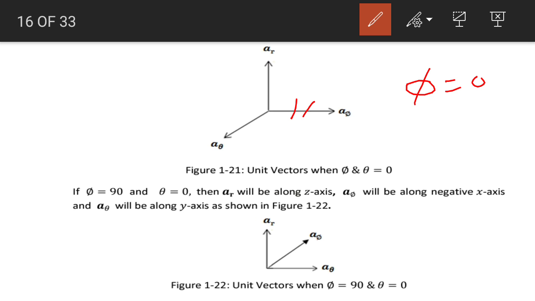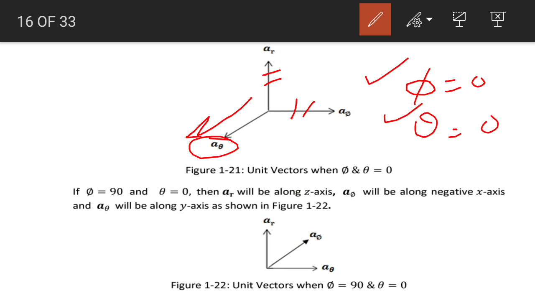If theta is 0, then a_r will be along the z-axis because the unit vector a_r makes an angle theta with respect to the z-axis. And we know that the third unit vector will be normal to the plane containing a_phi and a_r. So definitely a_theta will be along the x-axis. So you see, the location of all these unit vectors depends upon these two angles. If these two angles are known, you can find the location of these three unit vectors.